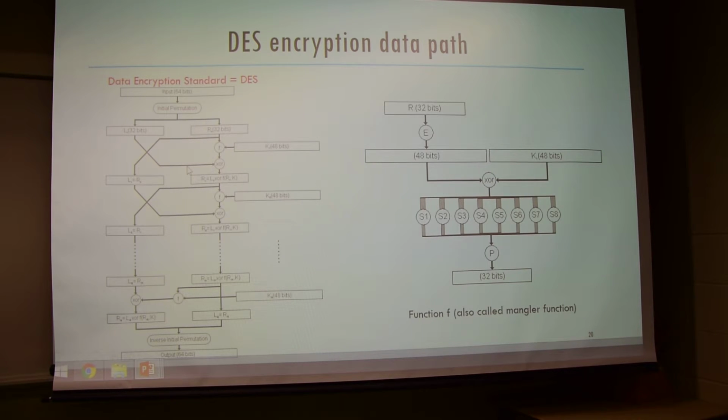And then they repeat this round 16 times, and then it has a final inverse permutation. And these two permutations are public, so everyone knows this. And this part is the function f here.